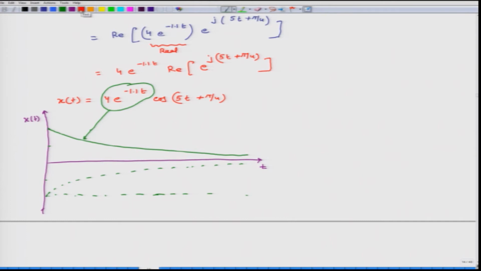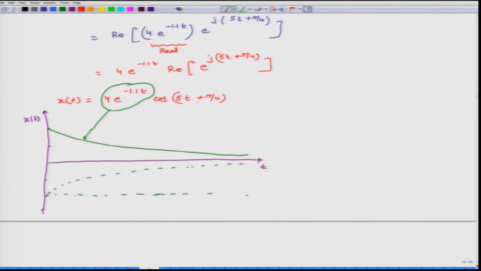Now I am going to plot the entire function. At time t equal to 0, the thing in green has a value of 4, but at t equal to 0, 5t is 0. So, what is cosine of pi by 4?